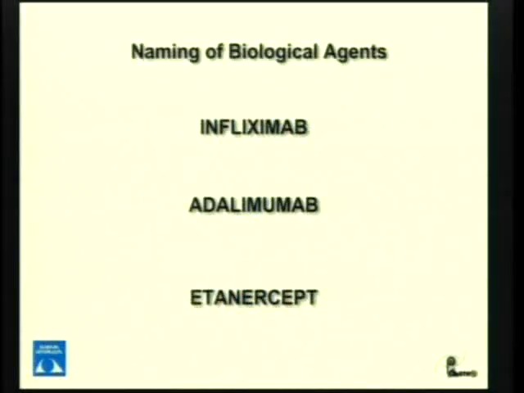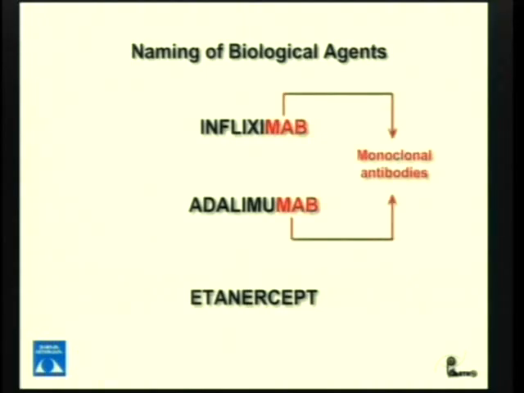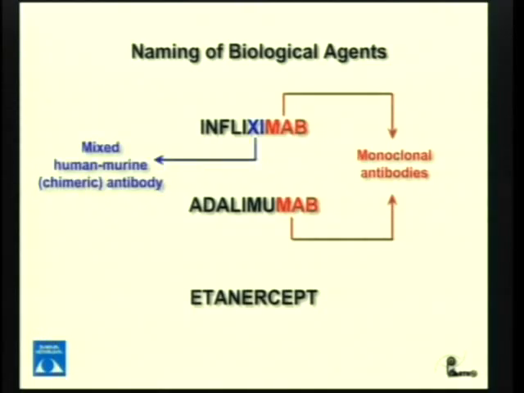From the name of a biological agent, you can make out what kind of drug it is. There is the clue. If the suffix mab is there, it indicates it's a monoclonal antibody. If the z is there, it means mixed human-murine, murine standing for mice, so it's a chimeric kind of antibody. If the u is there in a biological agent, it indicates it's a human antibody.